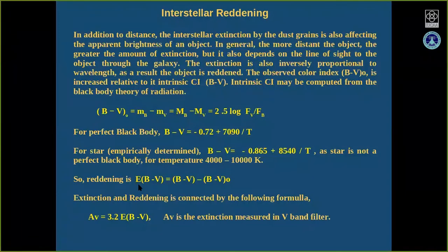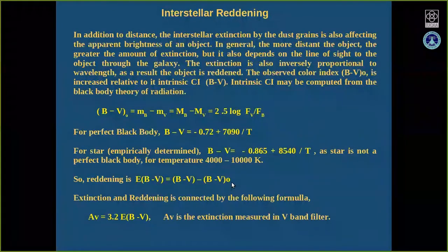It is written as E(B minus V). B minus V is the color index, so before that we use this E. We call this a reddening. This interstellar reddening is nothing but the difference between your intrinsic color index and your observed color index. Okay, this is reddening.